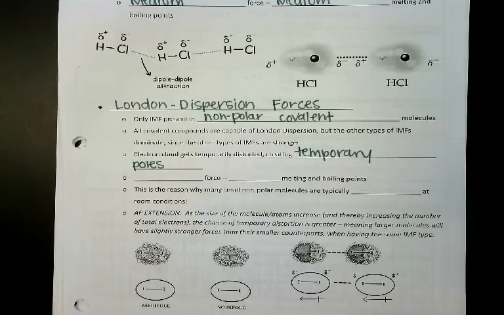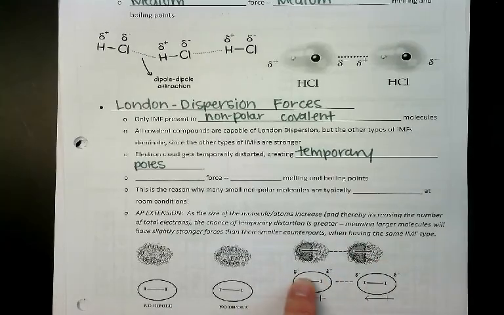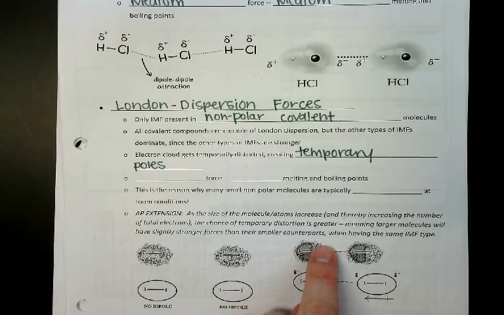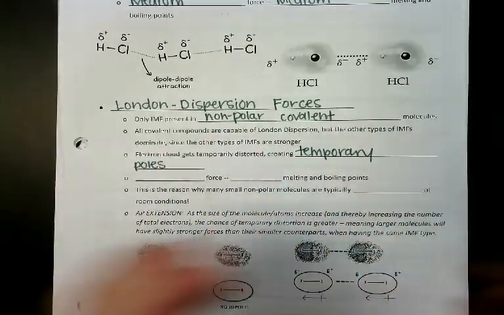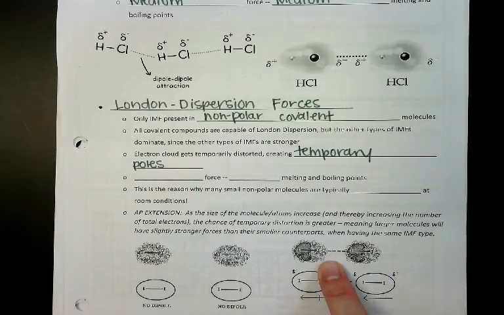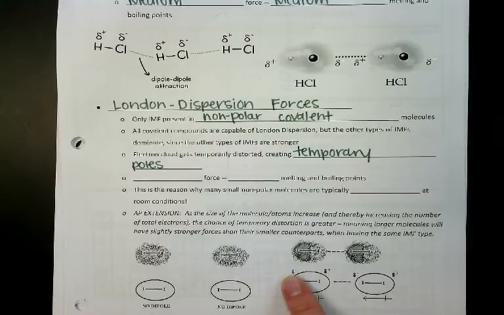And what happens in that constant movement, at one point in time, you're going to have more electrons on one side of the molecule than the other, because they're constantly moving around. So you may have a point where there's more electrons on one side than the other. What happens is if the electron density is higher on one side, that gives that side with the higher electron density a partial negative charge, which gives the other side a partial positive.